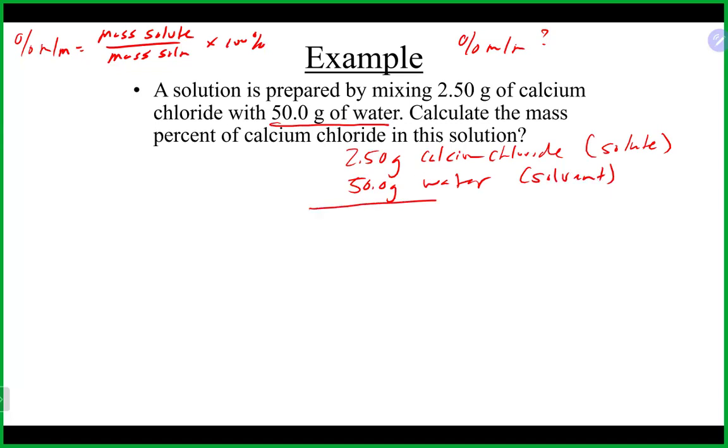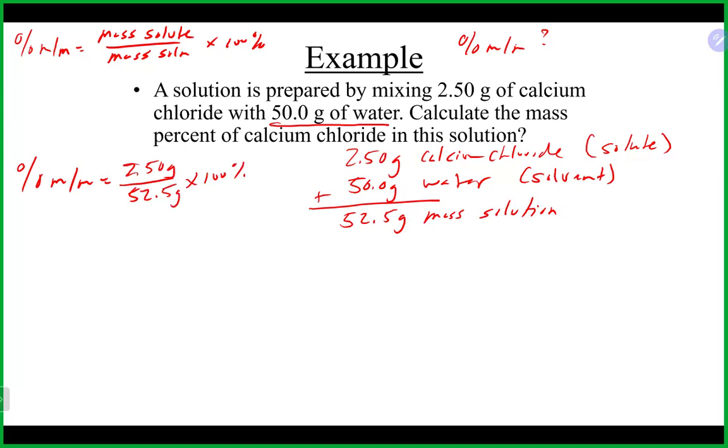So we do want to add those together to get 52.5 grams, which is actually the mass of the solution in this case. So again, we don't want to just divide by 50. That is just the solvent. We want to make sure we get them both. So our percent mass to mass is going to be 2.5 grams divided by 52.5 grams times 100%.